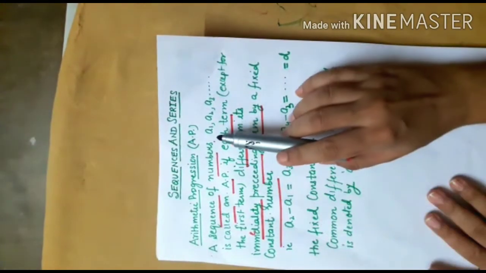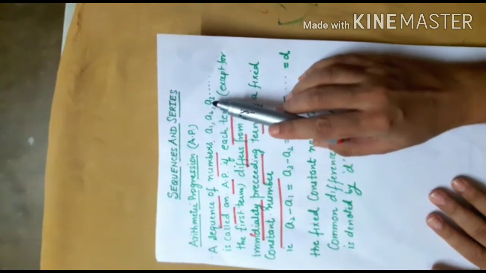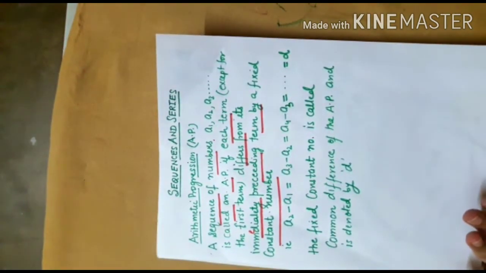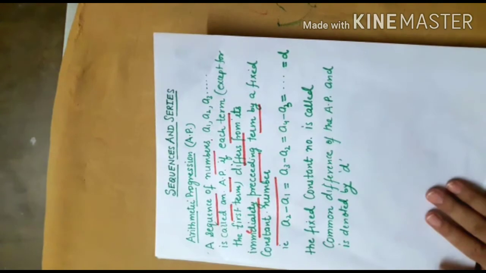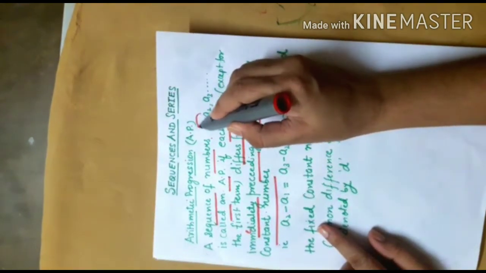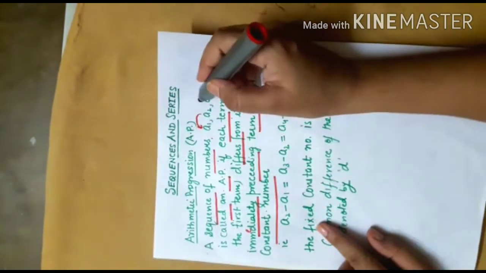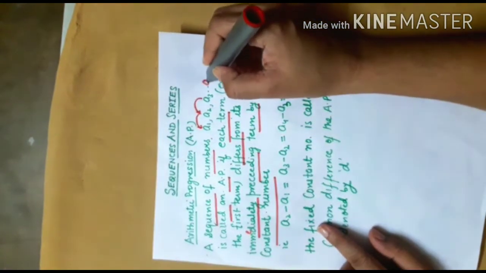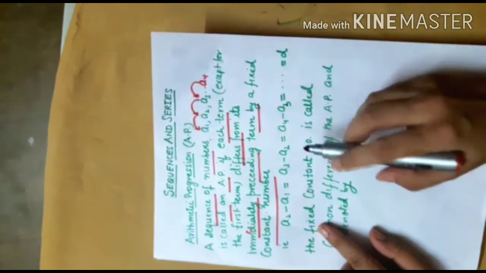That is, the sequence A1, A2, A3 and so on will be called an AP if A2 minus A1 is the same as A3 minus A2 is the same as A4 minus A3.